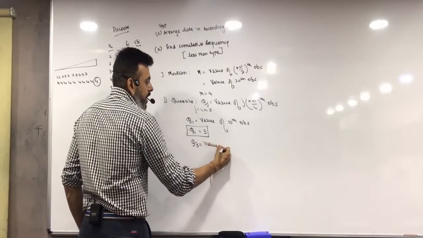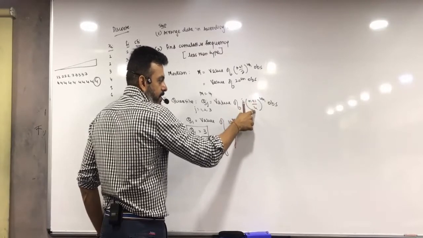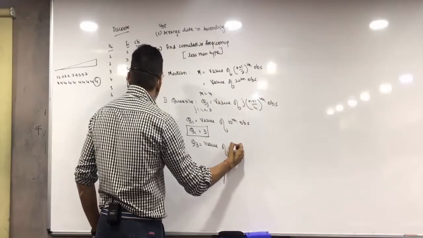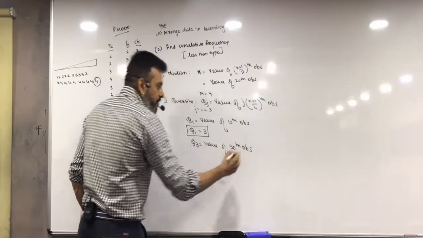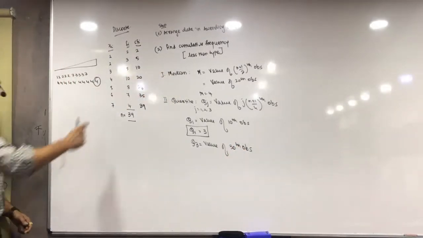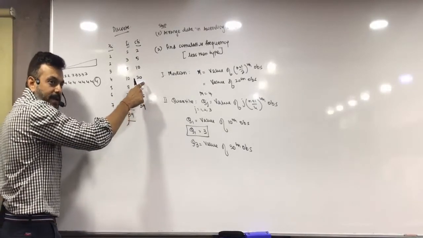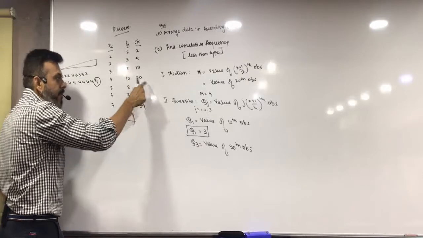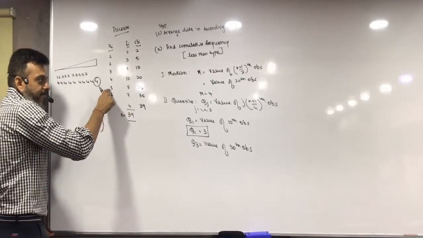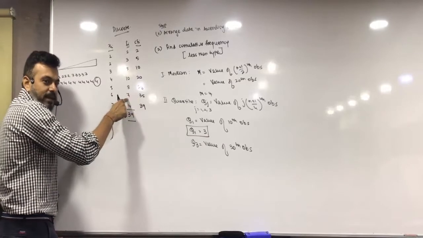Okay, Q3 is equal to the value of 3 times (39 plus 1), 40, divided by 4, which is 10 into 3, the 30th observation. Now which is the 30th observation? The 30th observation will be 6, because after the 28th observation, the 5s are written 8 times, then 6 will come for 7 times.